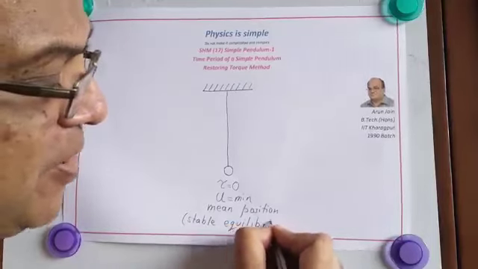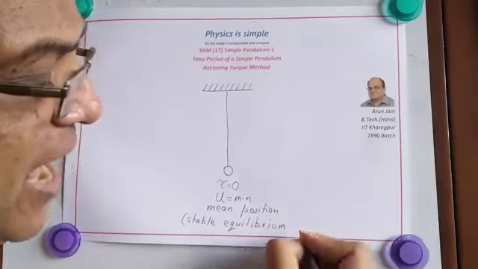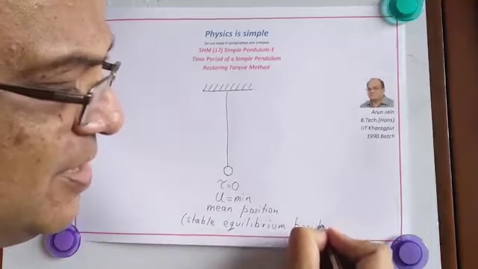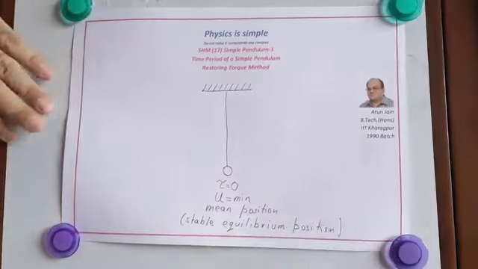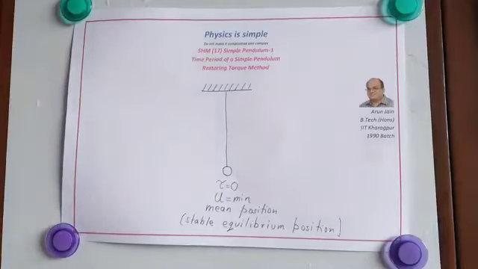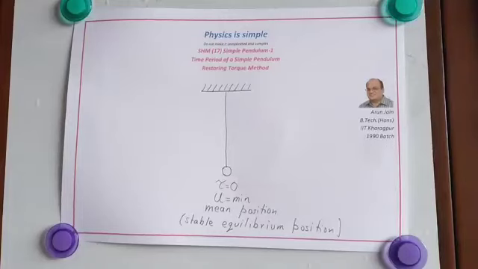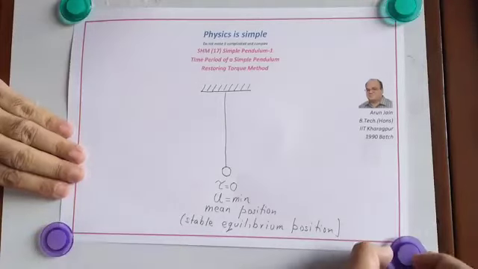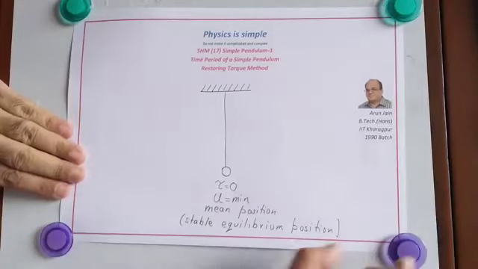A simple pendulum is an example of angular SHM. So the first step in finding the time period of a simple pendulum using the restoring torque method is to find the mean position or the stable equilibrium position.